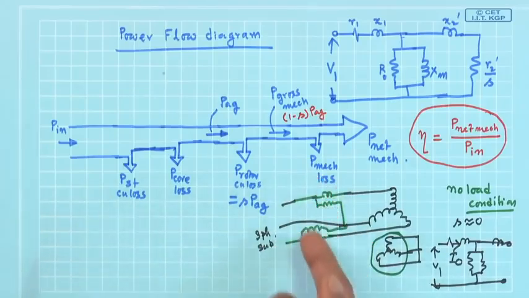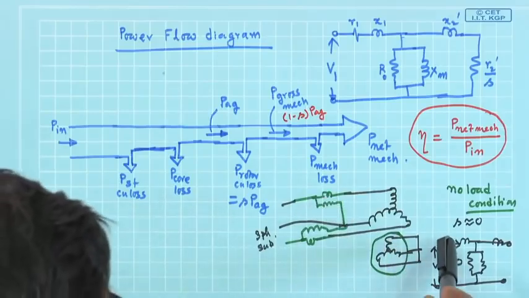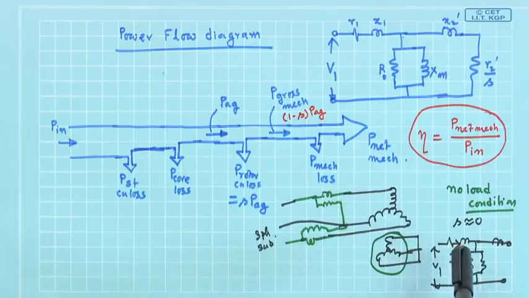Therefore, the wattmeter readings will record stator copper loss, core loss plus the rotational loss, that is the mechanical loss.